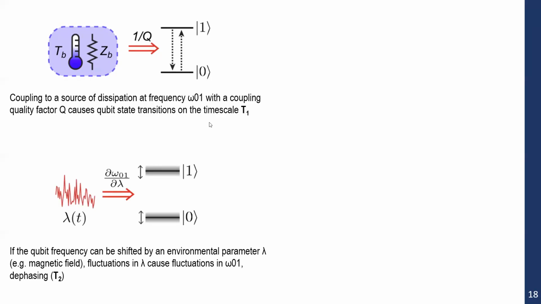Okay, and an even more important parameter is T2, which corresponds to the dephasing time, or the time of loss of the quantum coherence of my qubit.